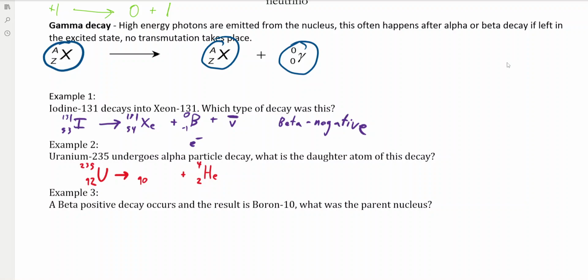So it's 90 and 231. So which element has 90? Well, it is thorium. TH, thorium. And this is alpha particle decay. So what is the daughter atom? Well, it's thorium-231.